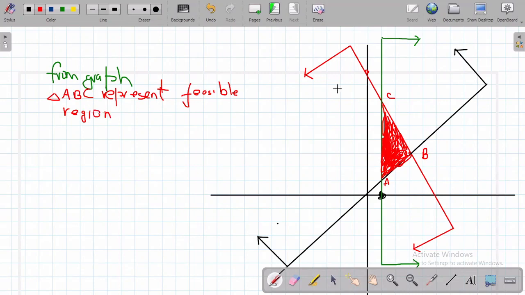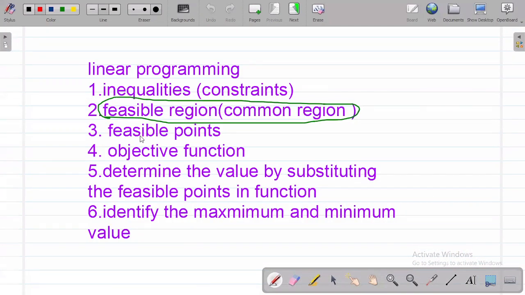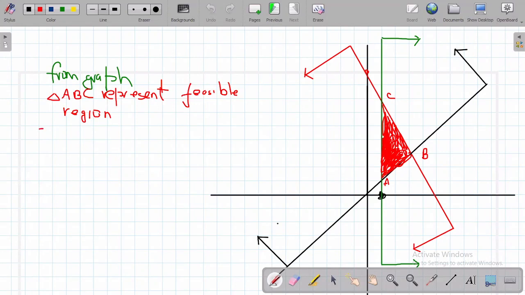Now after the feasible region, what is the next rule? After the feasible region, you have to find the feasible points. So what are the feasible points?